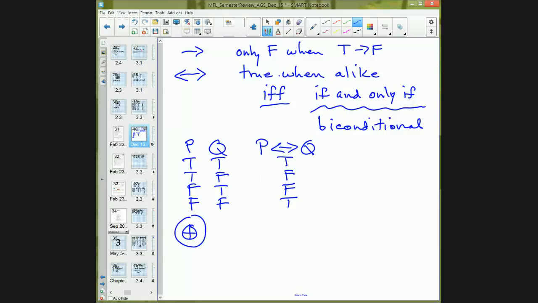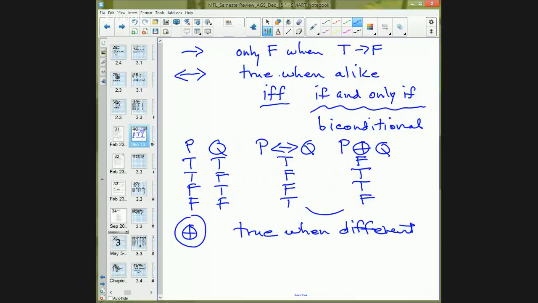Just the opposite. In fact, let me add that to this truth table. What's P exclusive or Q? Only true when they're different. On this line they're different, true, false. On this line they're different, false, true. So when they're alike, they're false. These two columns are opposites of each other.